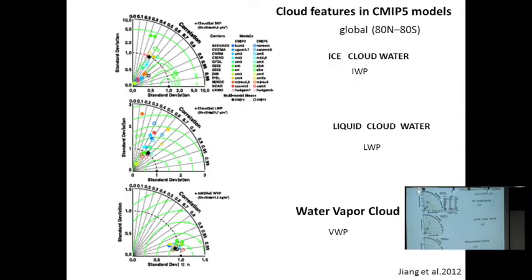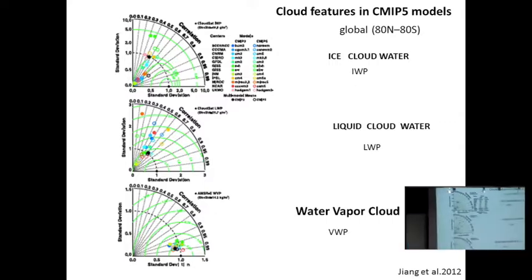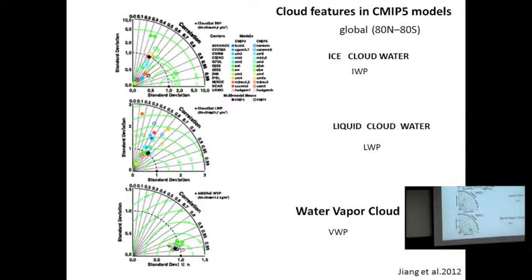You see the observation is here. The observation has no error because it's compared with the same set of data. The correlation is 1, which is here, and the standard deviation is in this circle here.